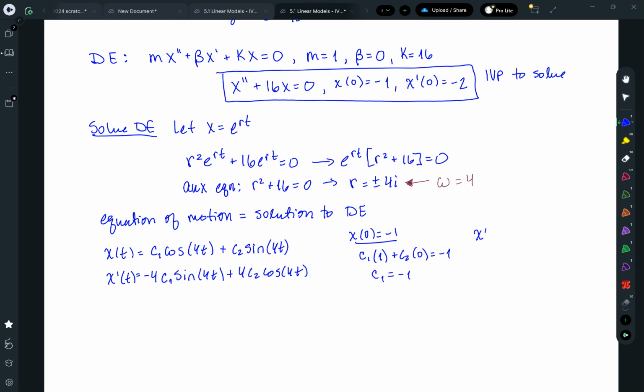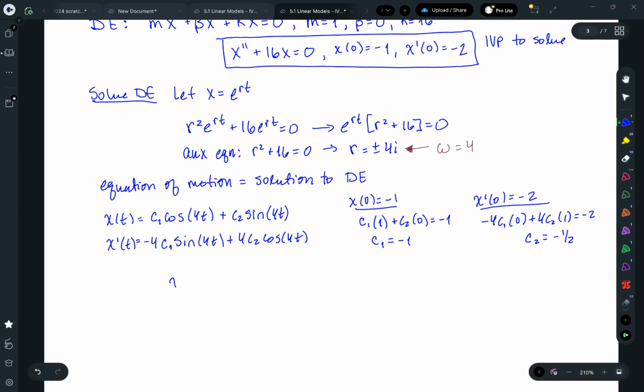Then I apply x prime of 0 is equal to -2. And so this gives me -4 c1 sine of 0 is 0 plus 4 c2 cosine of 0 is 1. And this is all equal to -2. And this means that c2 is equal to -1/2.